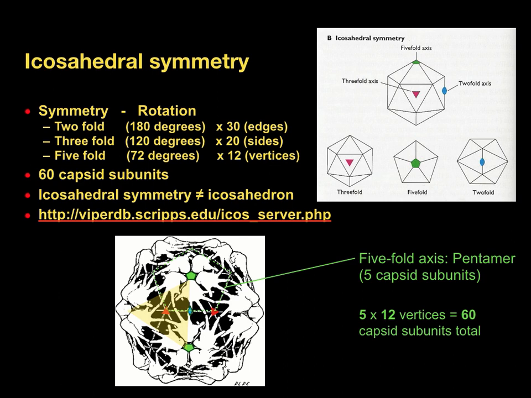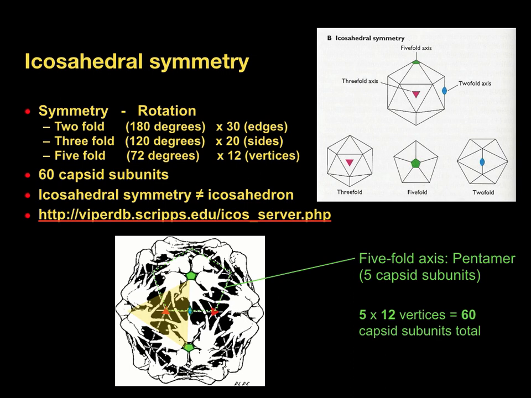So let's talk a little bit about icosahedral symmetry. Here is an icosahedron, and we find different axes of symmetry in this structure.